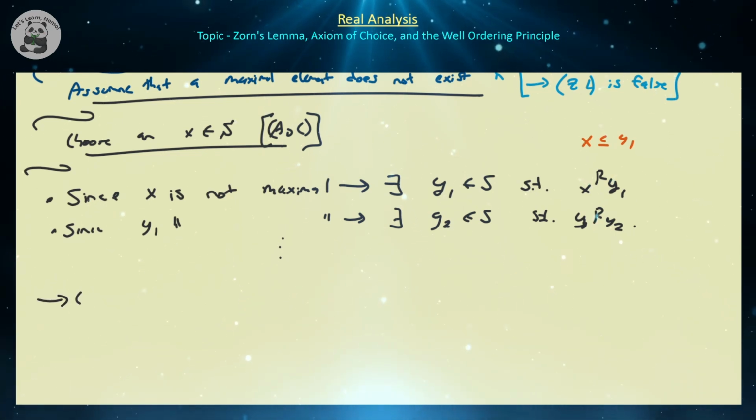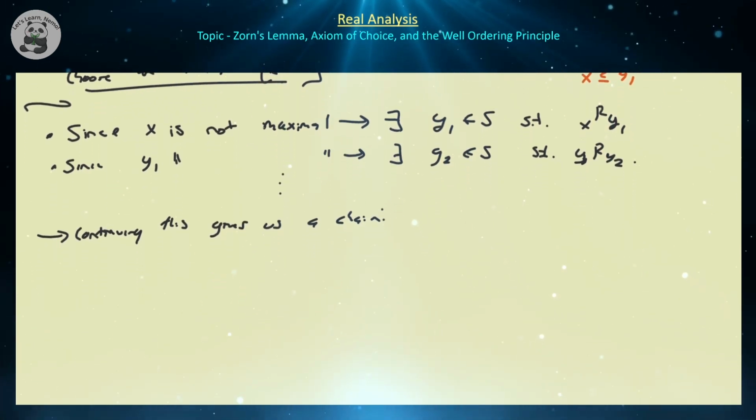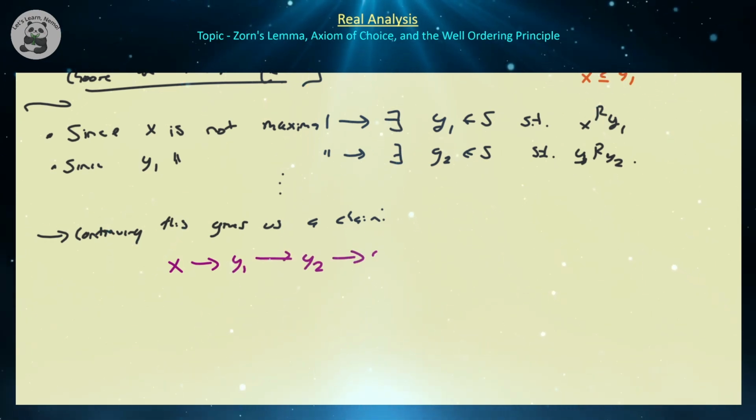Continuing this gives us a chain that looks like the following: we chose our x, and that's less than or equal to y1, that's less than or equal to y2, and that's less than or equal to y3, and so on.